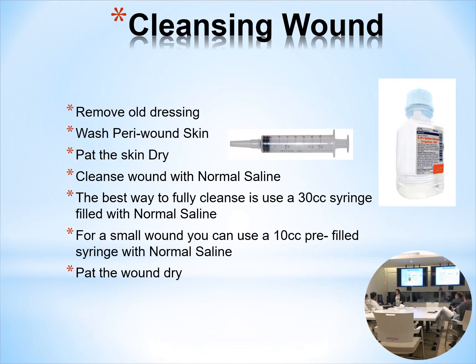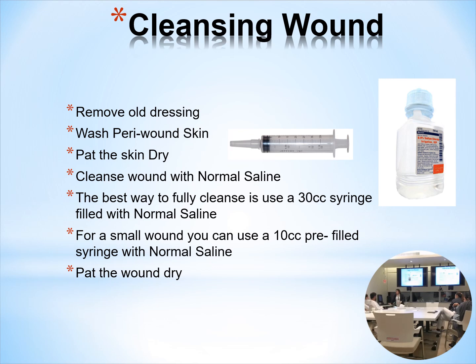Cleansing: remove all dressing. So these are the steps on how to cleanse the wound of the patient. First, remove all dressing, and then wash the wound skin, and then pat the skin dry. Clean the wound with normal saline. Usually we're using normal saline, right? And there are also other solutions, but most commonly it is normal saline.